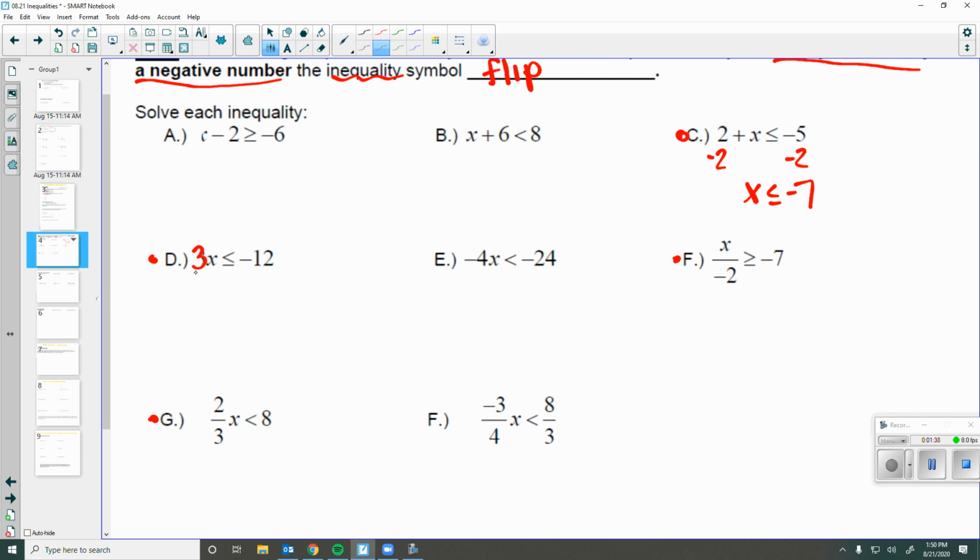For letter D, we're going to be dividing by 3 to get x by itself, and that is -4. When it comes to the symbol, the number we're looking at to see if it is negative is what we're dividing by. Since 3 is positive, our symbol isn't changing. It's going to stay as less than or equal to.